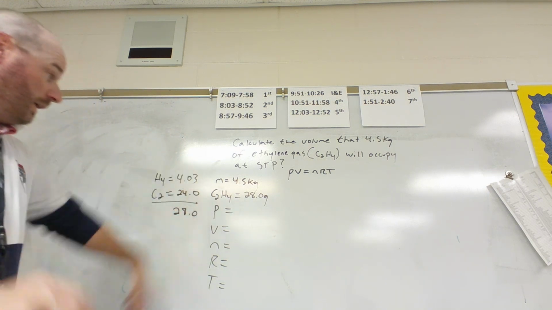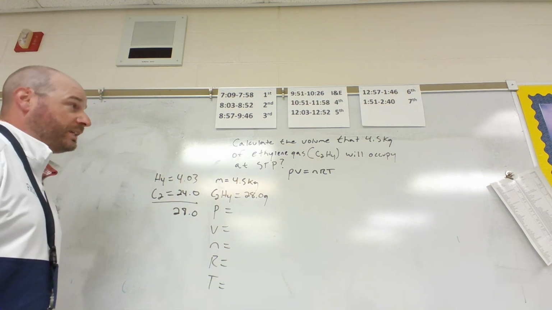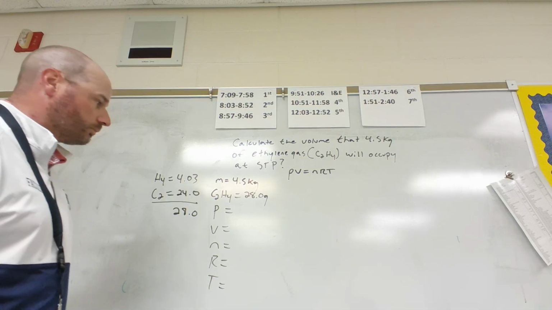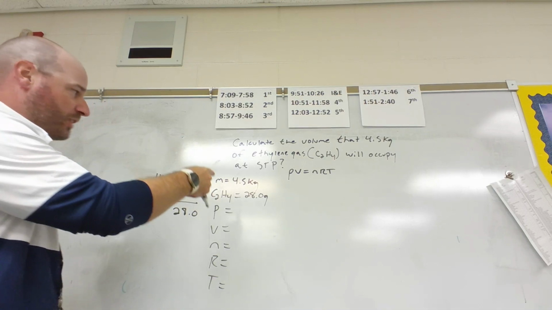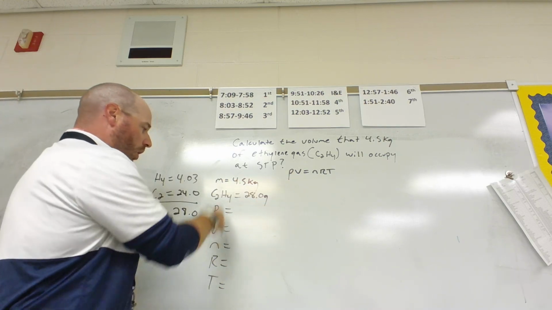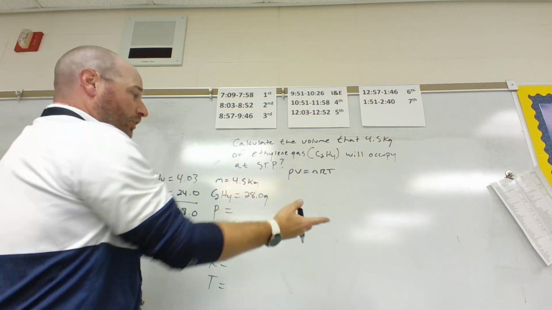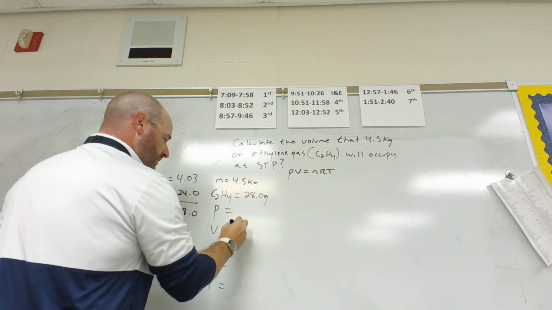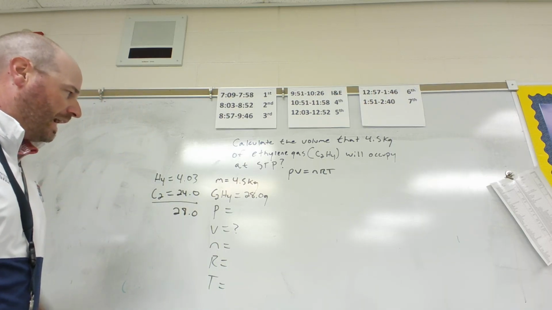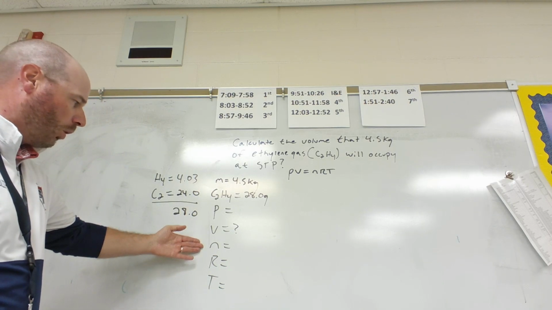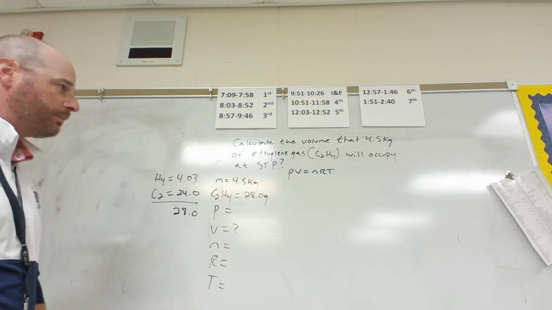All right, so now we have our variables right here that we need to go ahead and handle. Again, look to what it's asking us, what we're actually going to be using this formula to solve. It's calculate the volume. So that is the variable we're going to be solving. Now we have pressure left over, moles left over, our constant and our temperature.